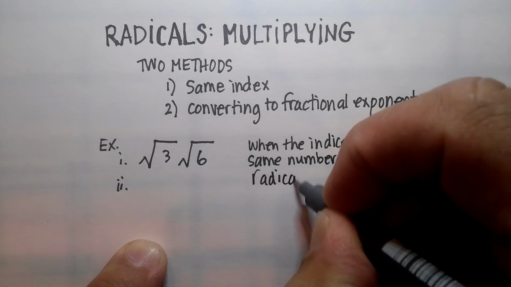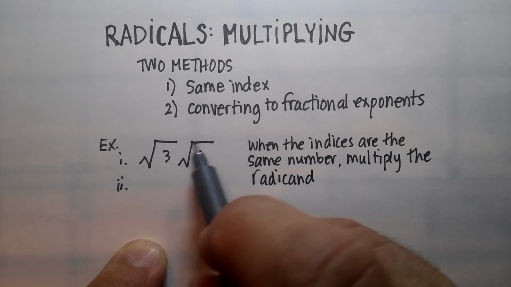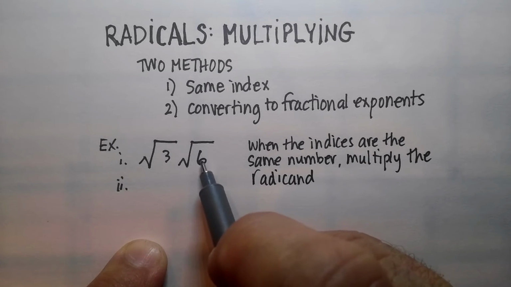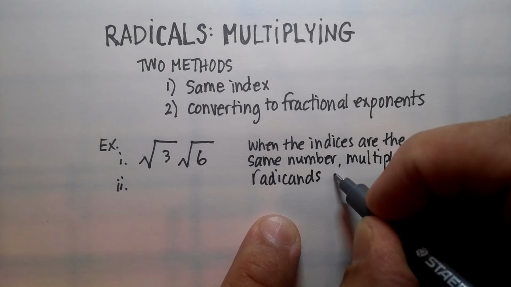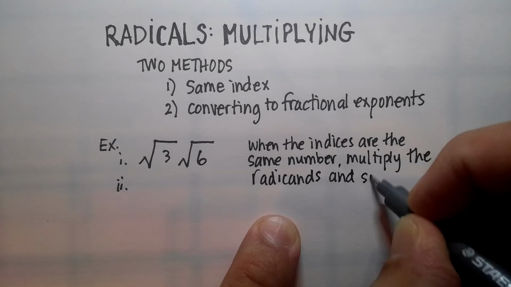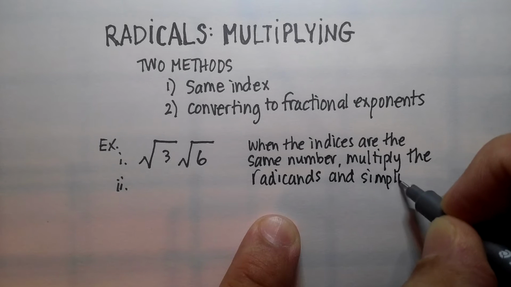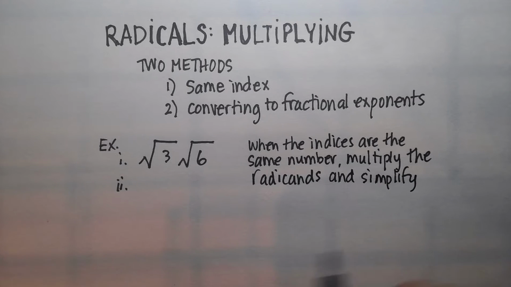And remember, the radicand is the number that's underneath the radical sign. So in this case, it's 6. In this case, it's 3. Multiply the radicands and then simplify.